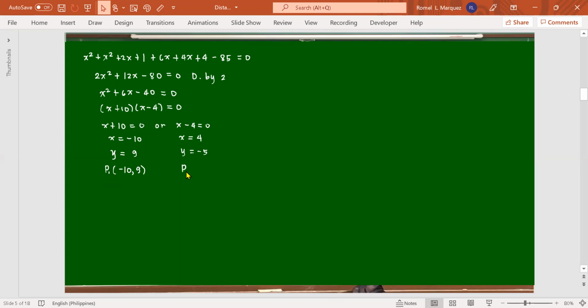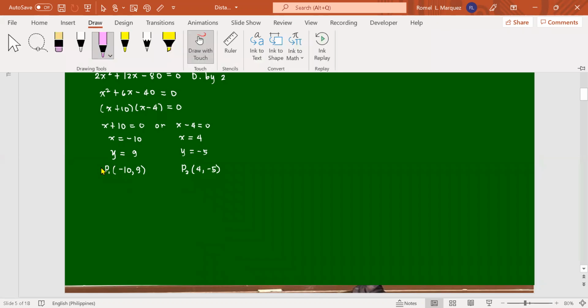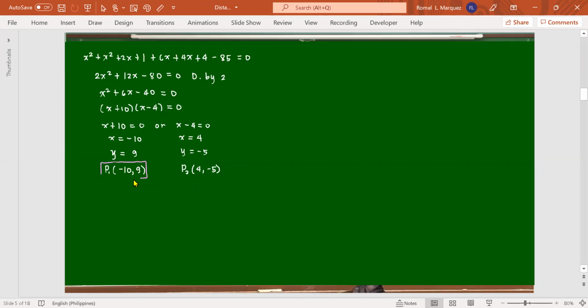And then another possible point, we have 4, negative 5. Okay? So there are 2 possible answers. So that means there are 2 possible points that will satisfy the given conditions. Okay, children?